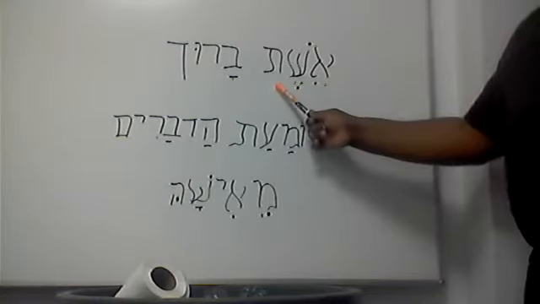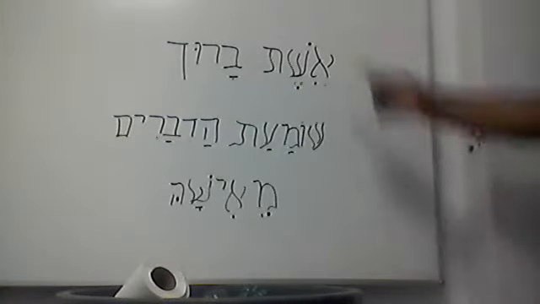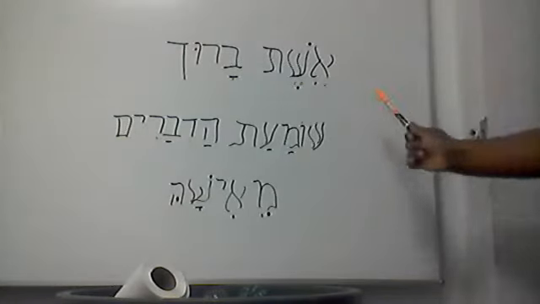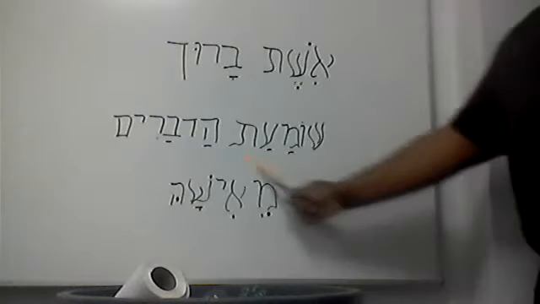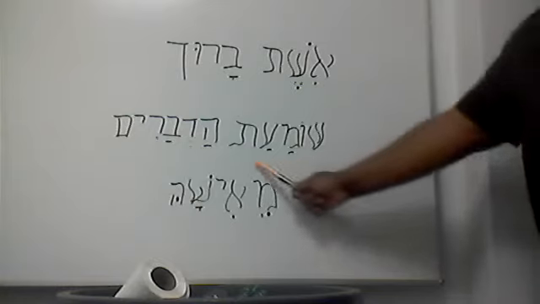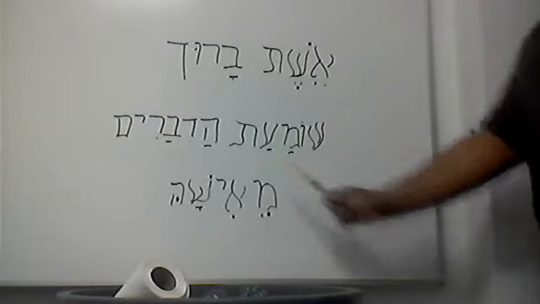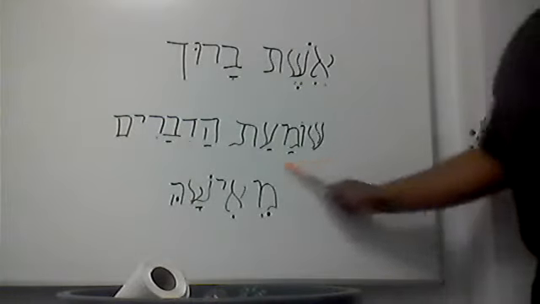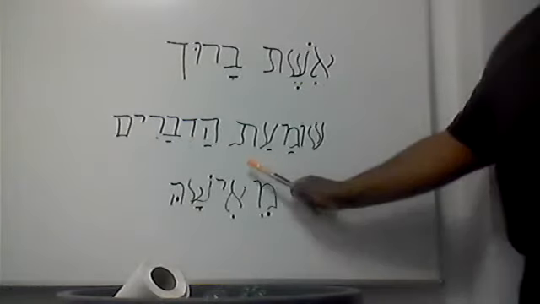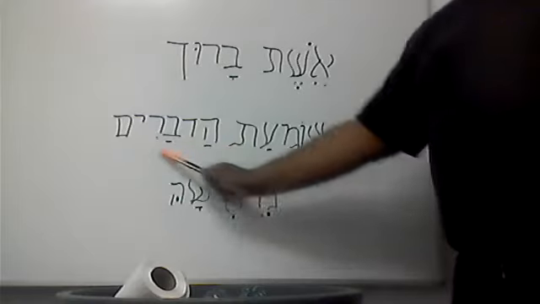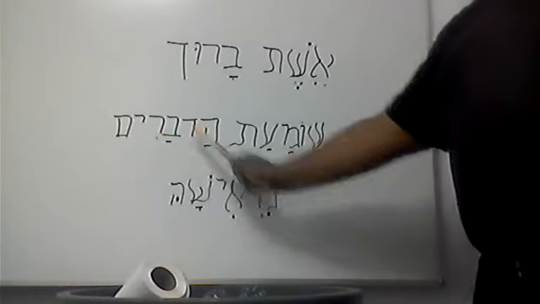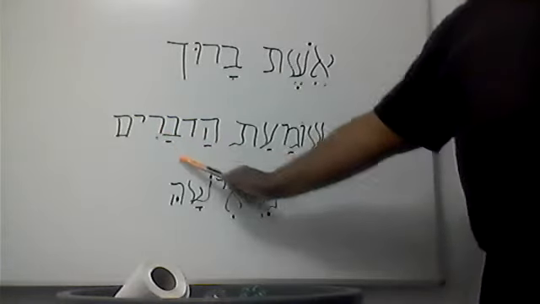The wife of Baruch, or Baruch's wife. The wife of Baruch, Shoma'at. She listens. She hears. Is listening. Is hearing. Hadbarim. The words, things. Hadbarim.